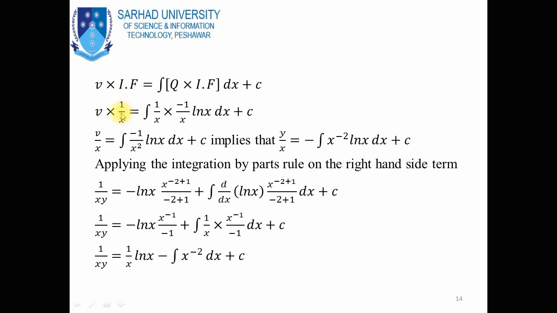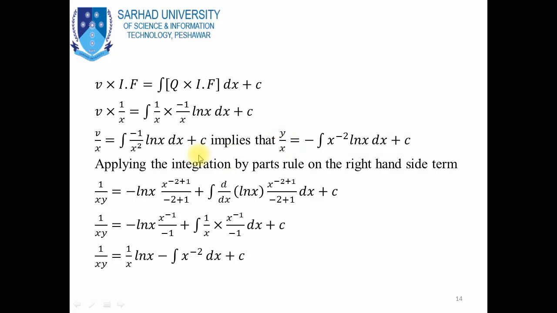Now putting the integrating factor 1 over x and the Q function minus 1 over x natural log of x, this expression can be written as minus 1 over x square natural log of x, and this implies that v by x is equal to minus the integration of x power minus 2 natural log of x dx plus c.